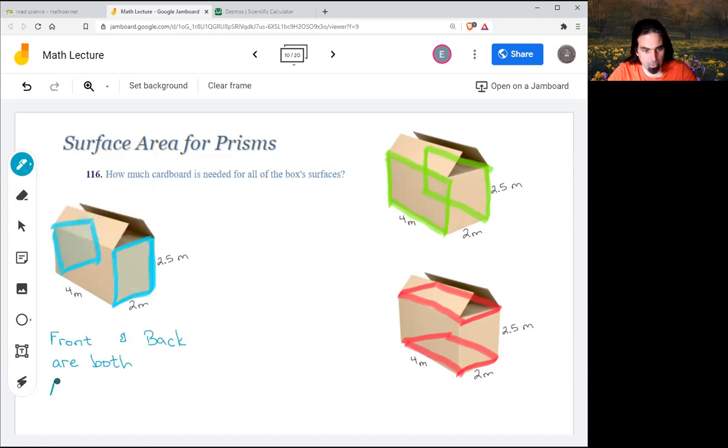So for both, area is length times width. I might even do area of a rectangle is 2 times 2.5 is 5 square meters. So total of both of them is going to be 10. Twice that, because there's a front and a back.